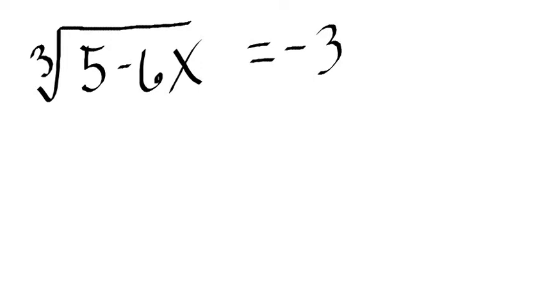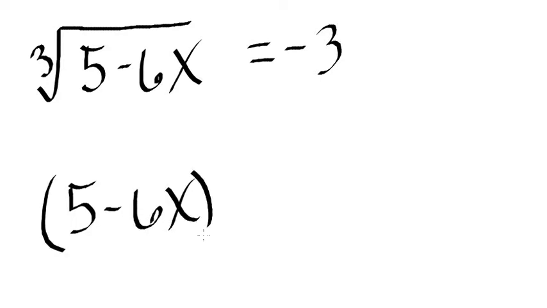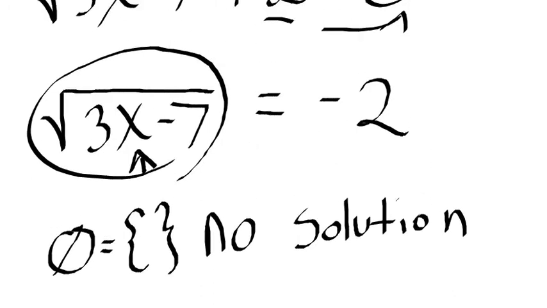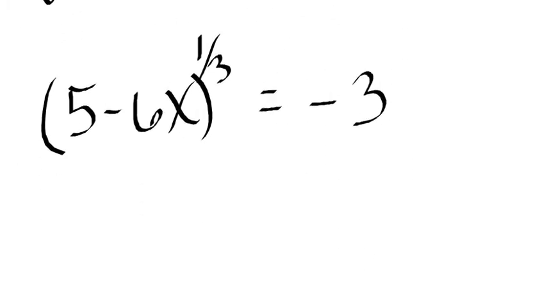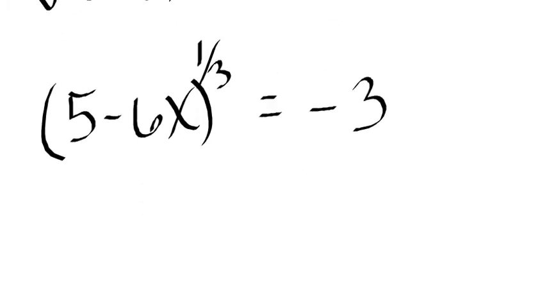So you've got to kind of watch out on that. All right, so we're going to go ahead and write this in exponential form. Now, unlike this problem, see this? This is a square root. We've got a cube root here. Different story.